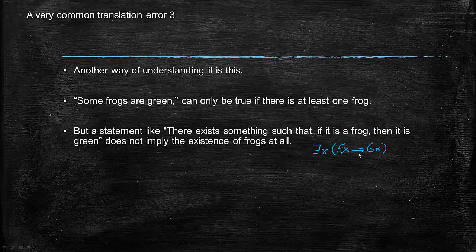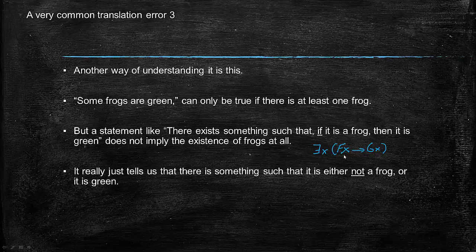This conditional doesn't commit us to the existence of any frogs at all. So it doesn't preserve the idea that some frog has to exist when we say some frogs are green. It really just tells us that there is something such that it is either not a frog or it is green.